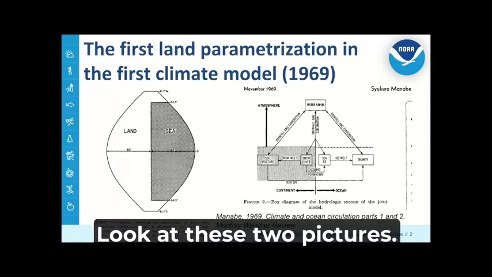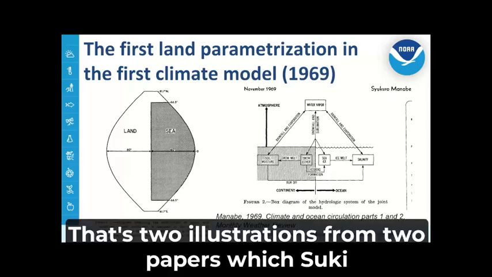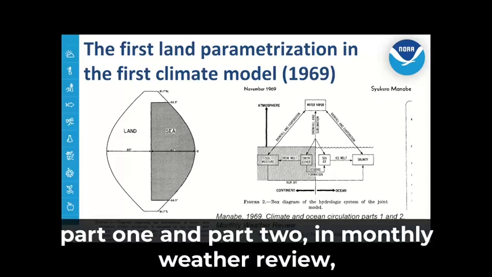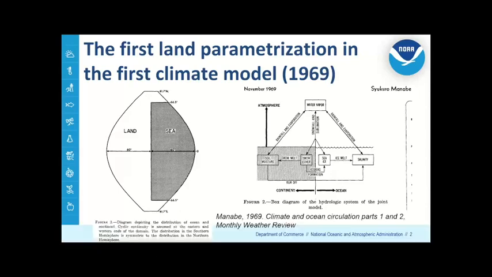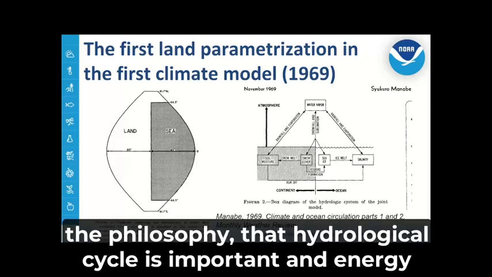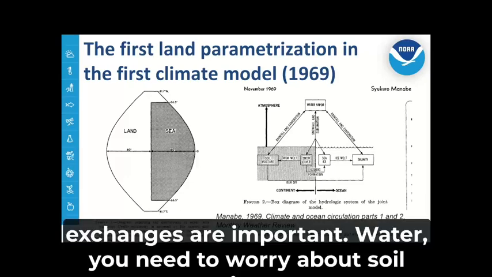These 2 pictures are illustrations from 2 papers which Suki published on climate and ocean circulation, part 1 and part 2 in Monthly Weather Review. It already set up the philosophy that the hydrological cycle is important and energy exchanges are important.